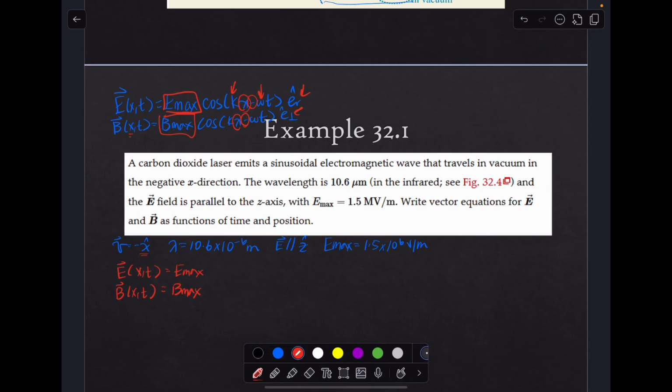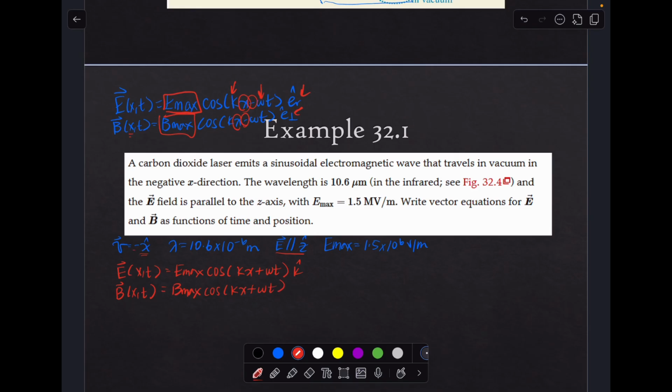So if E is in the z hat direction, we're going to have our cosine argument plus omega t, right? Because it's traveling in the negative x. And then this would be in the k hat direction. And so this would be cosine of kx plus omega t, right? Because it's traveling in the negative x direction.